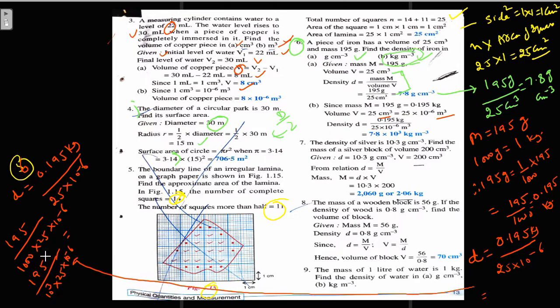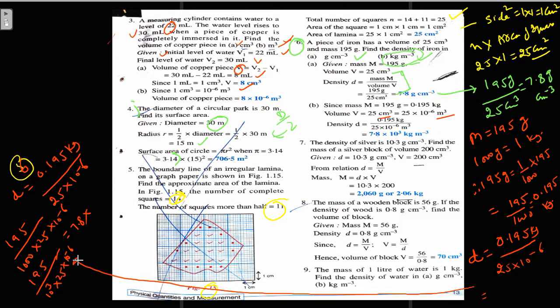By doing this division, 195 divided by 25, we will get 7.8, with 10 raised to power 3 and 10 raised to power minus 6.